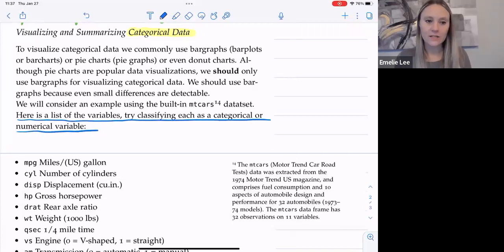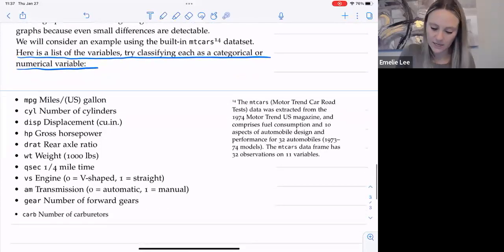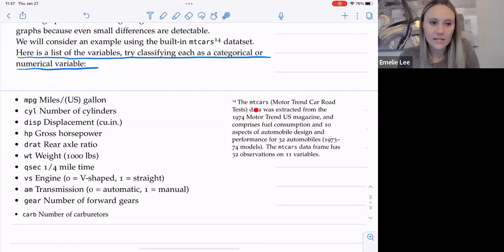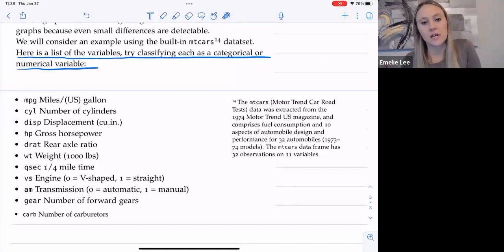And so here, the mtcars data set, and it's spelled like this here, and it's a built-in data set in R. So if you just type in mtcars and hit enter or run that code, it'll bring up the whole data set. It'll just show you the whole data set. So we can just work with this data set right away.